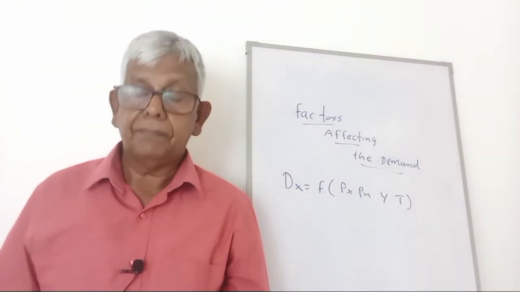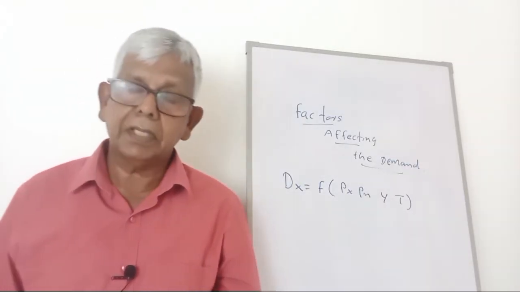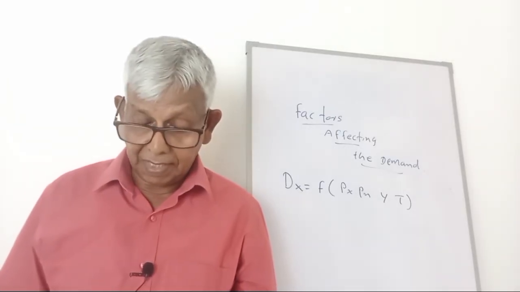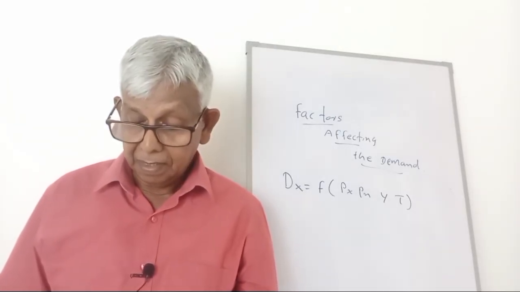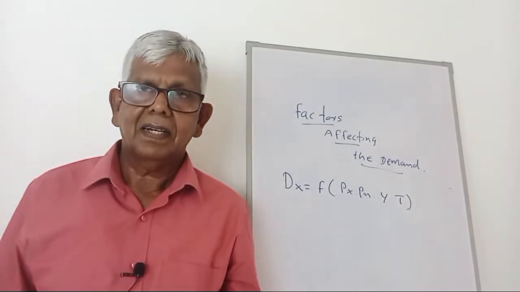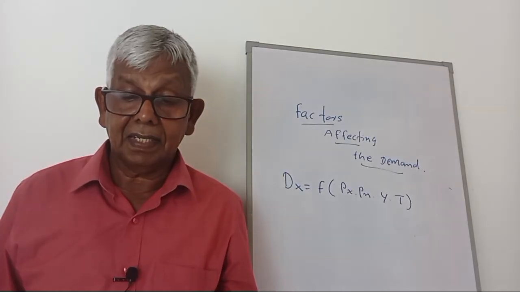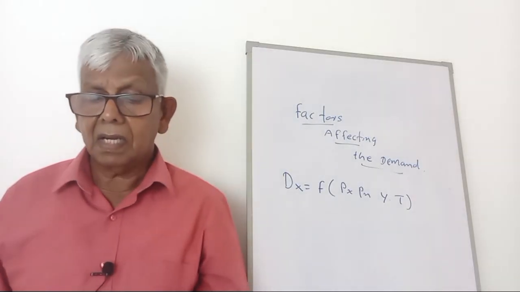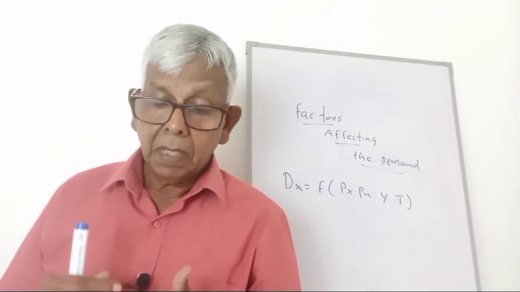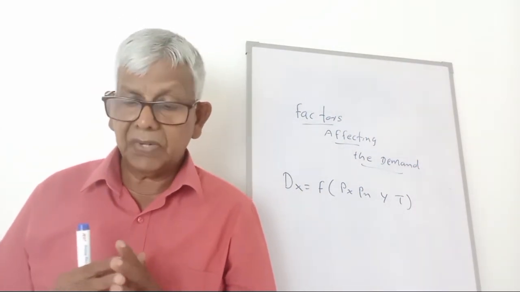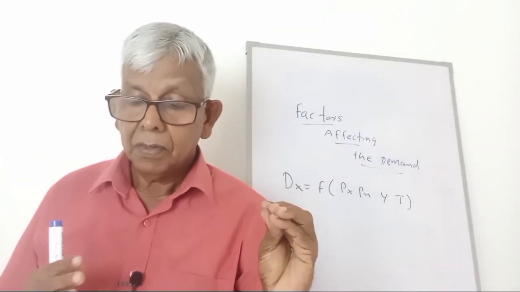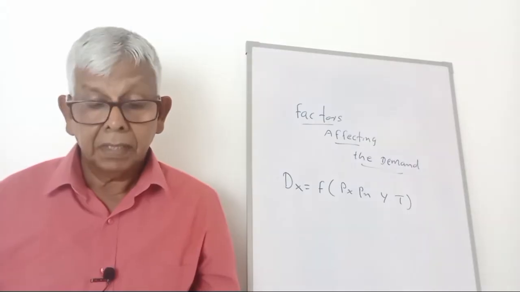On the other hand, if the price of a particular good increases while other factors remain constant, that good becomes relatively expensive and hence the consumer tends to buy less of it.